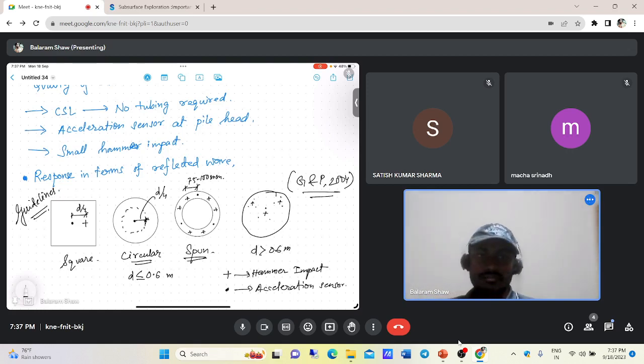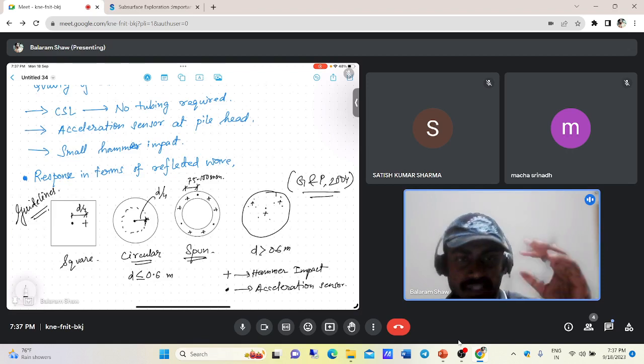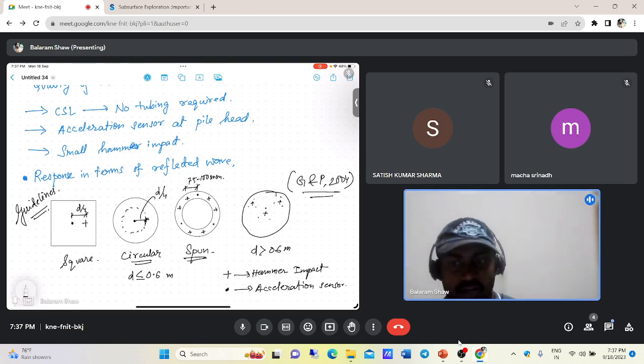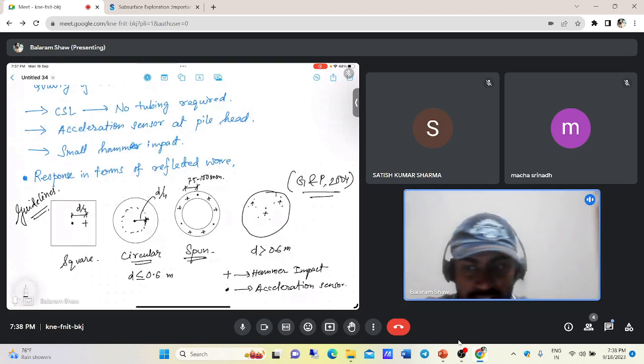So what will we get? We'll get the velocity time history from the acceleration sensor record. Upon the hammer impact, the wave will travel between the pile head and the toe with a velocity which is a function of the quality of concrete. If there is a defect, that will change. The signature of the reflected wave will help in understanding the medium characteristics.